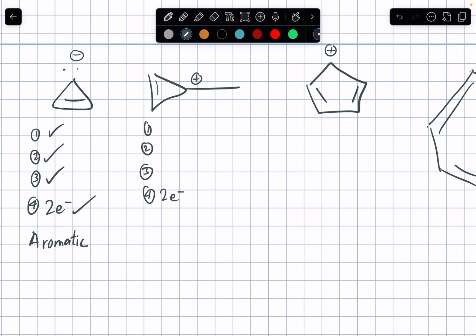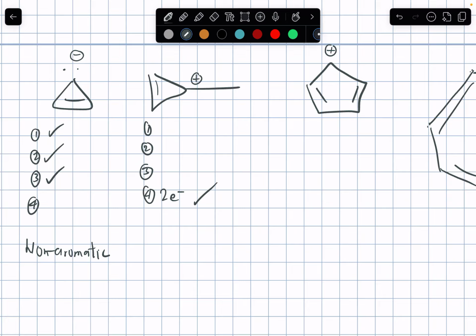Follows Huckel's rule still. Is it planar? Not sure. Sorry, this is not aromatic. We haven't had an example previously that tackled this information.